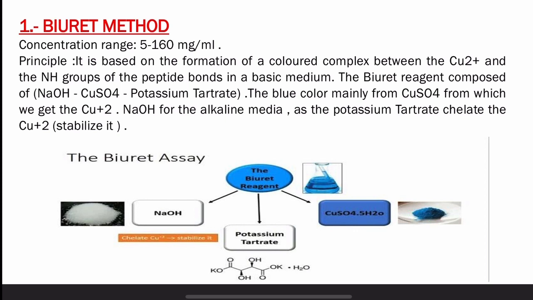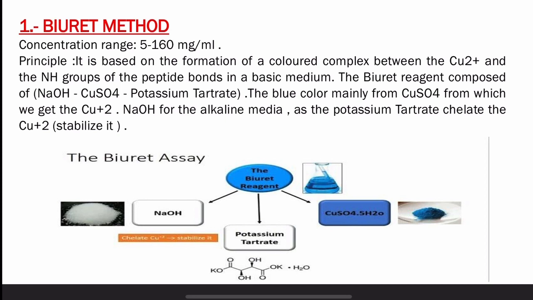هنشرح شرح سريع للرياجنت دوت، وهو ان هيتم تفاعل ما بين الكوبر والامينو جروب of the peptide bond in basic media. The Biuret reagent بيتكون من 3 components. First one NaOH, sodium hydroxide. Second one is copper sulfate. Third one potassium tartrate.